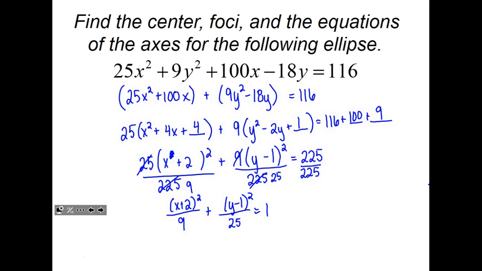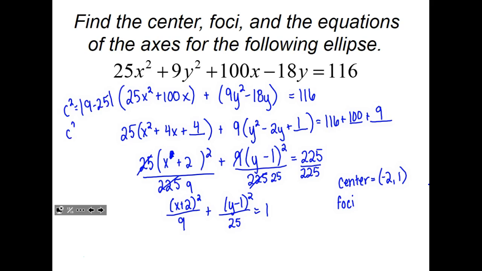So this is our equation. We have to find the center, the foci, and the major and minor axis. So for our center, we will have negative 2, 1. To find our foci, we've got to do c squared equals the absolute value of 9 minus 25.